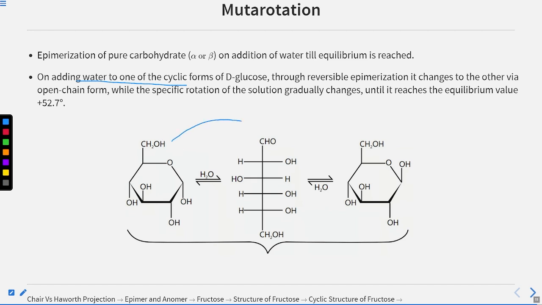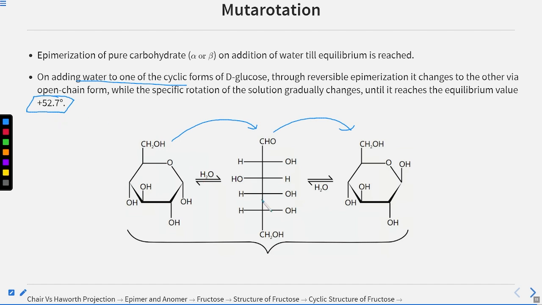First it changes to the open chain, and then this open chain changes to beta, and this happens until the equilibrium value, until we have a rotation of plus 52.7 degrees. Means the glucose solution will epimerize until the rotation of the solution is plus 52.7 degrees, levorotatory by an angle of 52.7 degrees.